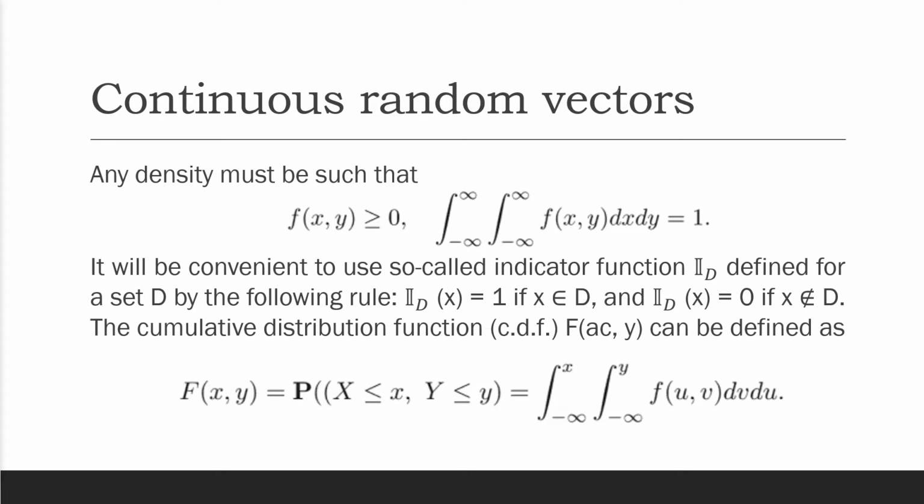It will be convenient to use the so-called indicator function. We have the indicator function I sub D defined for a set D by the following rule: the indicator function of x is equal to 1 if x is an element of D, and equal to 0 if x is not an element of D.